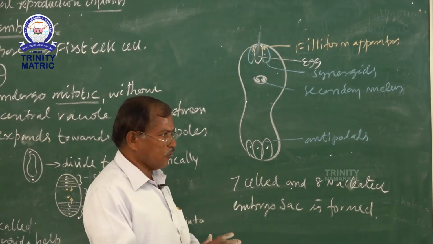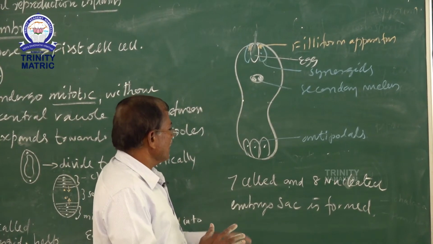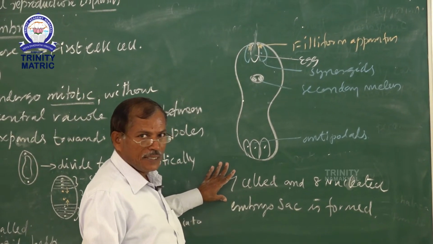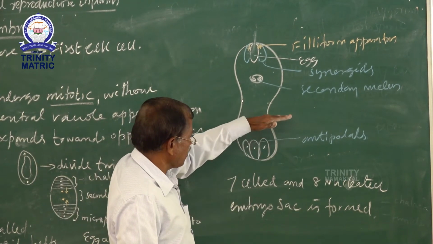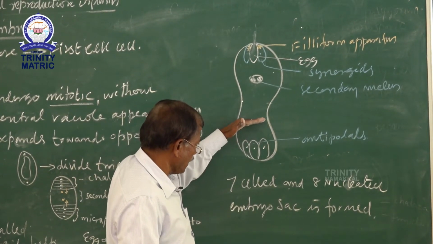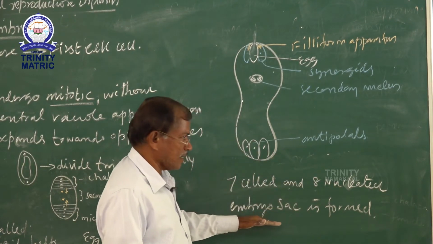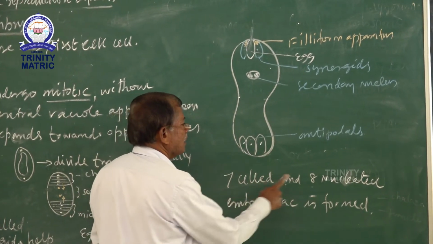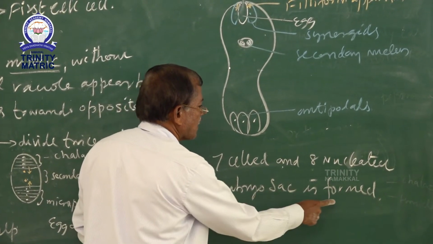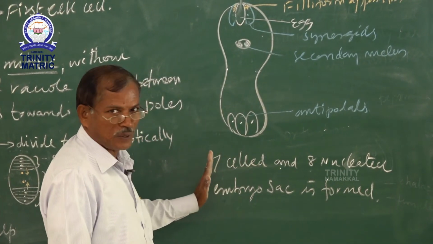Sometimes one more question is asked: in most plants, a 7-celled, 8-nucleated embryo sac is formed. Very important.